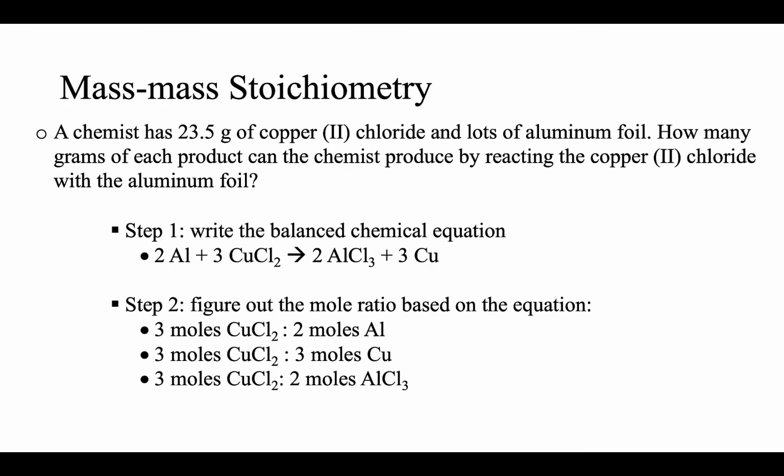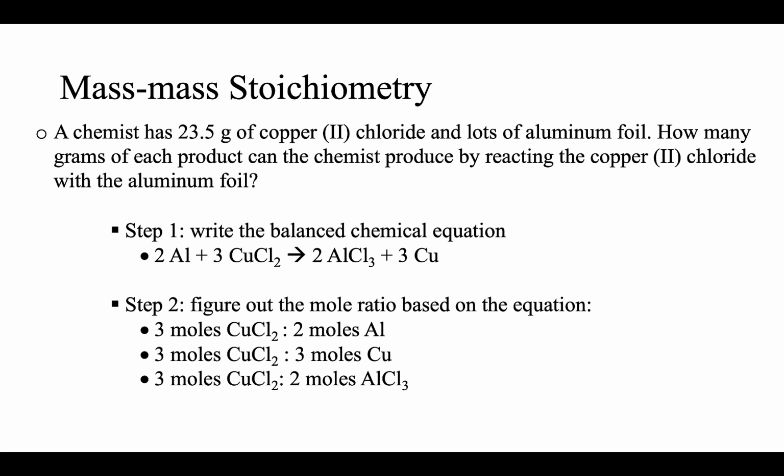So let's take a look at an example here. The canvas has 23.5 grams of copper 2 chloride and lots of aluminum foil. How many grams of each product can the canvas produce by reacting the copper 2 chloride with the aluminum foil? Again, don't forget our key steps. Step 1 is to write the balanced chemical equation if one is not given.